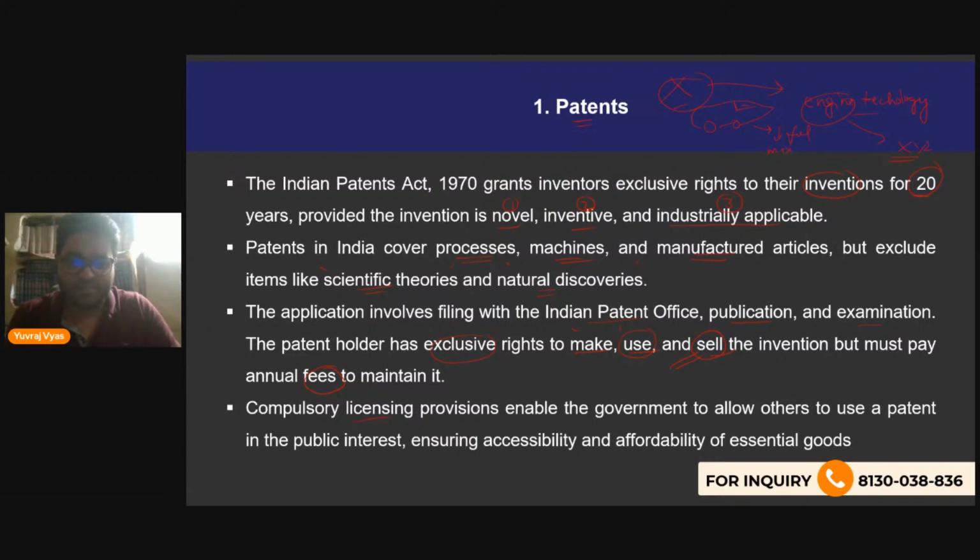Compulsory licensing provisions enable the government to allow others to use a patent in public interest, ensuring accessibility and affordability of essential goods. Now, see, generally this is in the context of medicines. Now, in India or worldwide, there are certain life saving medicines or drugs, as we call them, medicinal drugs. Okay. So these drugs or medicines can save thousands of lives.